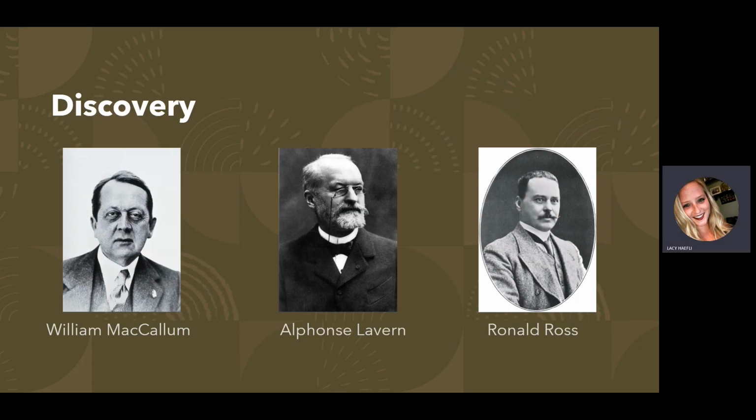So the story of the discovery of malaria starts in 1880 with Alphonse Laveran. He discovered the parasites in the blood of one of his patients. It wasn't until 17 years later that William MacCallum discovered the sexual stages of the parasite.